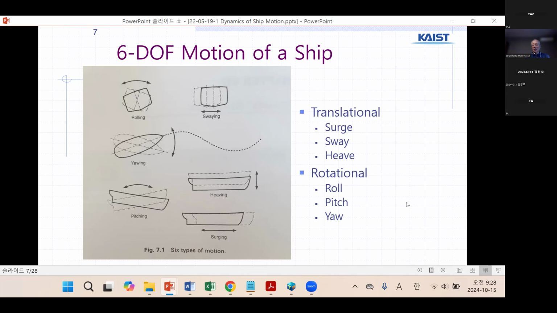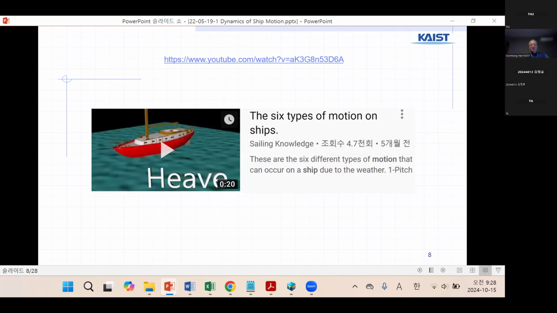You see that the names are very unique, especially surge, sway, or yaw, which are very rare to you. Maybe you are hearing this terminology for the first time. We can use this for any motion of an automobile and especially for the airplane. They use the same wording. Right. So we will see the 6 degrees of motion.